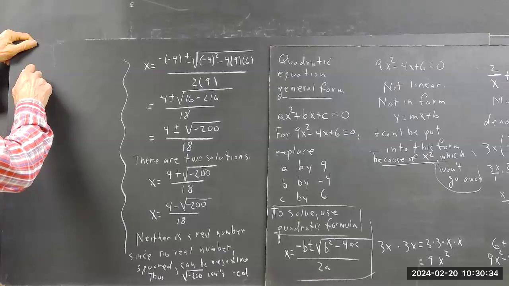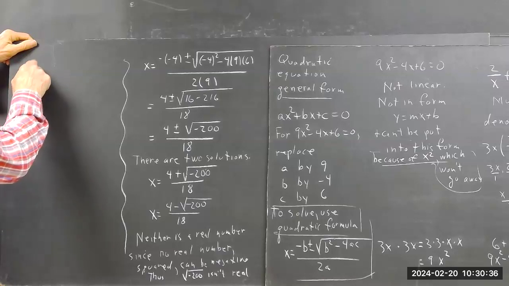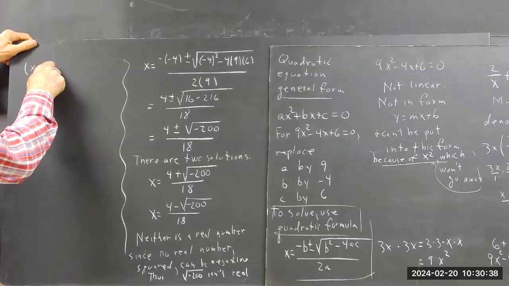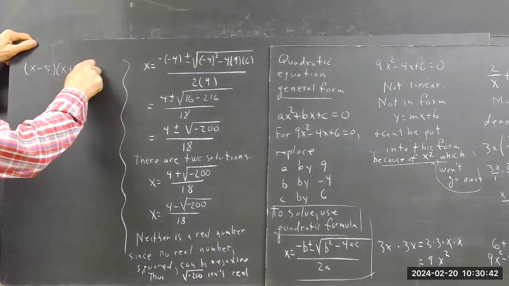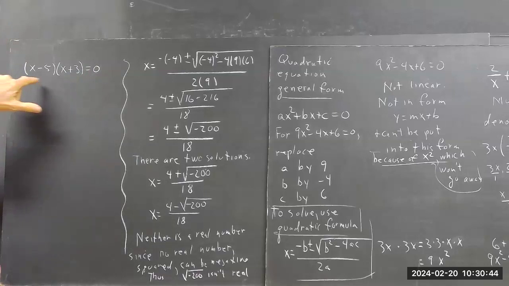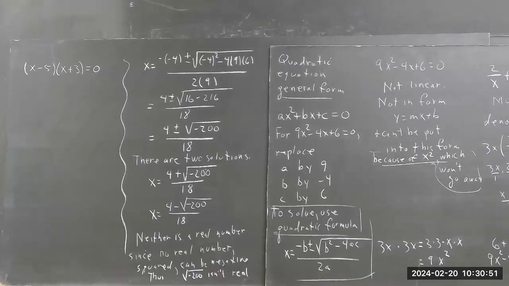Now let's take this equation. X minus 5 times x plus 3 equals 0. Can you give me a value of x that satisfies that equation?